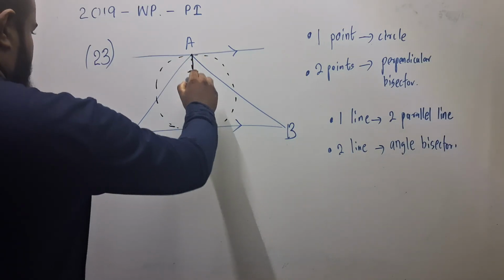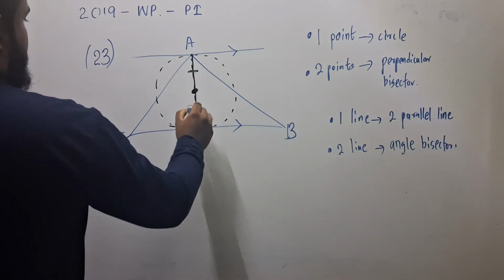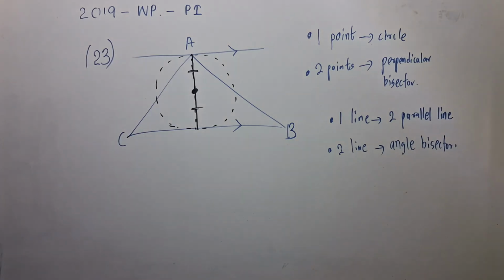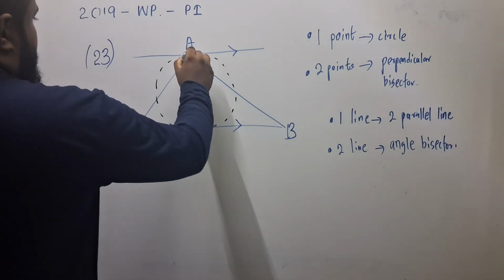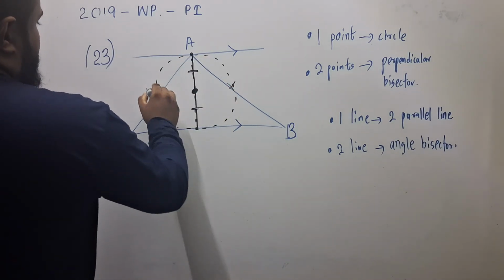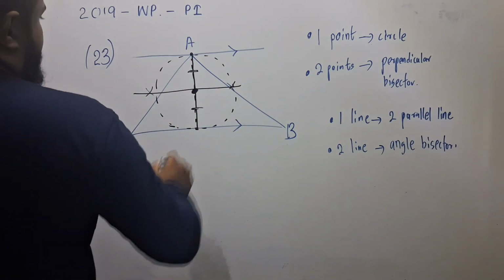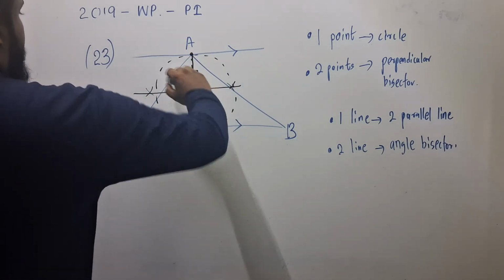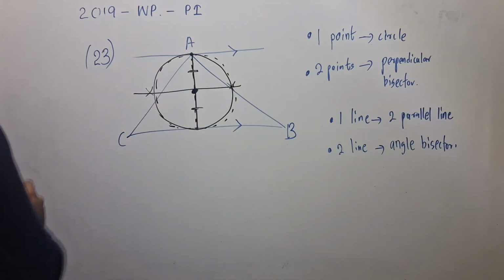So you can draw the straight line, not a dotted line, and show this part is equal to this part. If you need to take this value, consider these 2 points and find the perpendicular bisector, and using this length draw a circle. That's the answer.